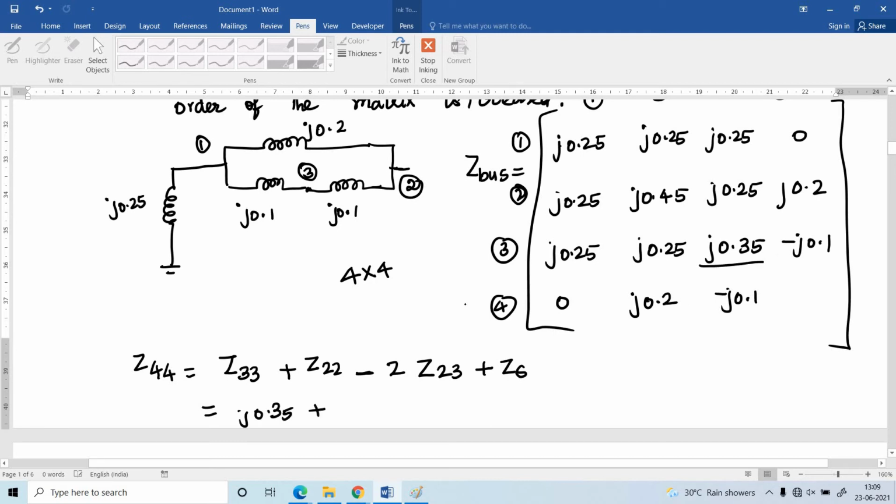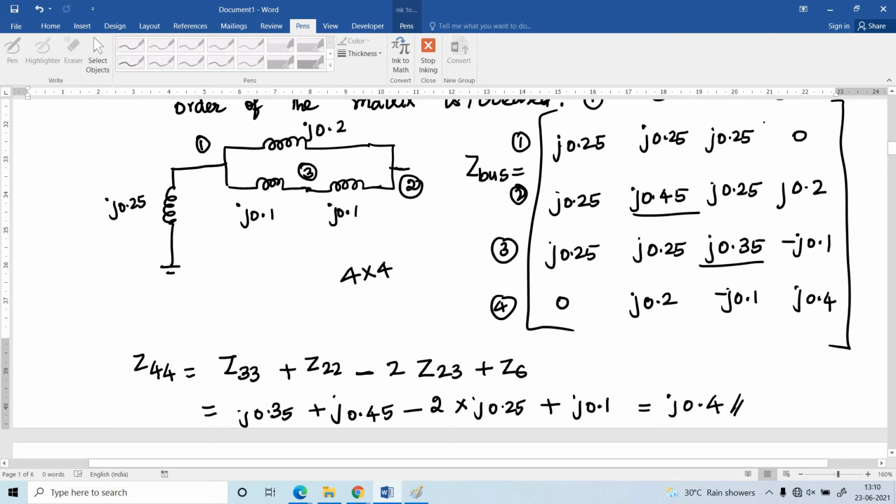What is Z22? Z22 is j 0.45. Minus, what is Z23? Z23 is j 0.25. Plus, what is ZS? ZS is the element connected between 3 and 2, j 0.1. Okay, 0.35 plus 0.45 is 0.8, minus 0.5, that is 0.3. So j 0.3 plus j 0.1, that is j 0.4. I have to substitute the value here, j 0.4.